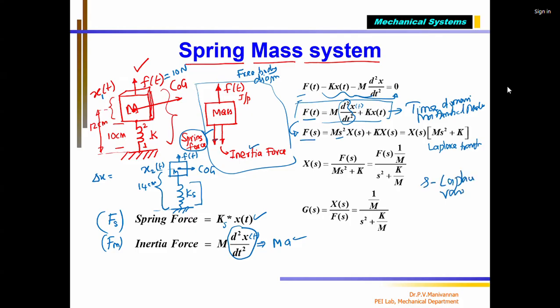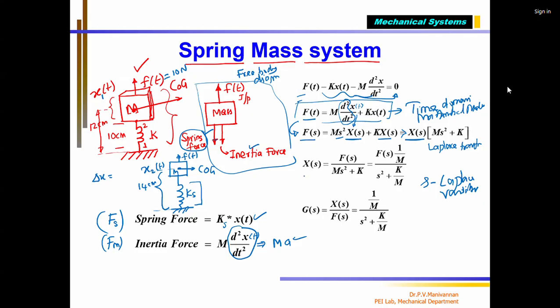Then the variable x of t becomes x of s, plus k multiplied by x of s. You can see that in both terms x of s is common, so I pull x of s outside. So F of s can be written as m s square plus k, multiplied by x of s.